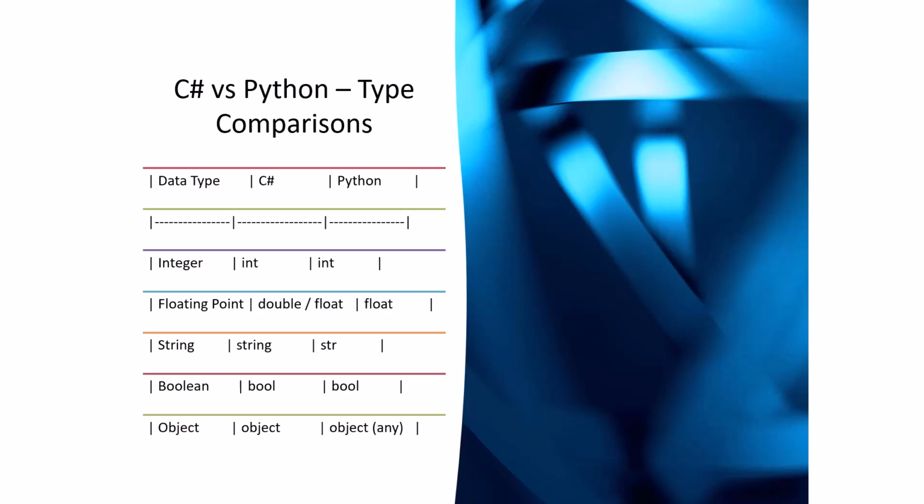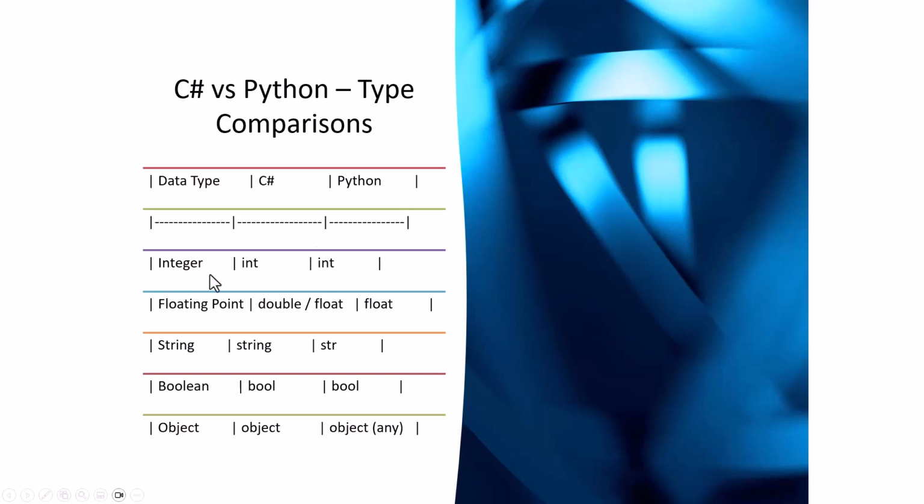So let's see C# versus Python type comparisons. Now here there is a table. So data type, C# and Python, two columns, and then there are all of these important data types for comparison.